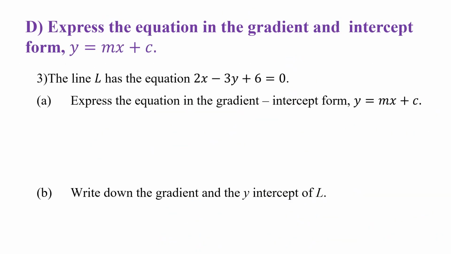Okay, so we have learned how to find length, find gradient, and find equations of a straight line. Once we know how to find equations of a straight line, let's bring our level a bit higher.